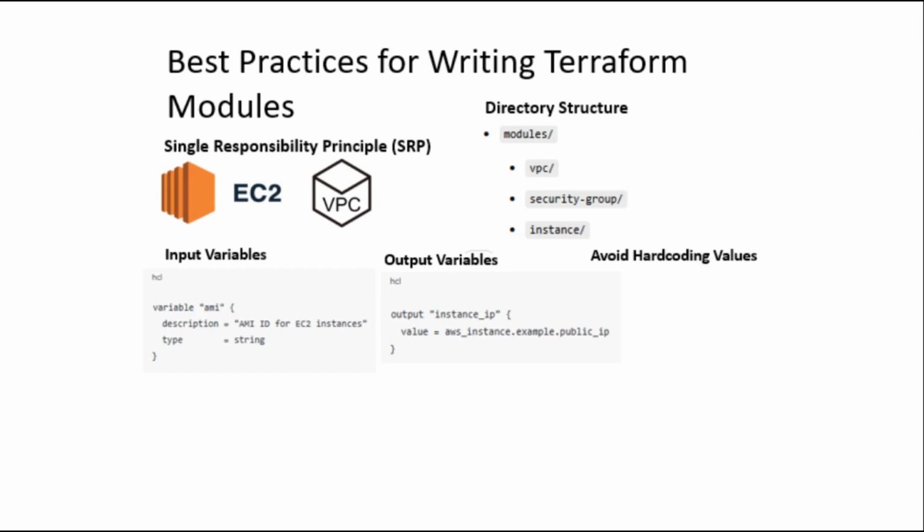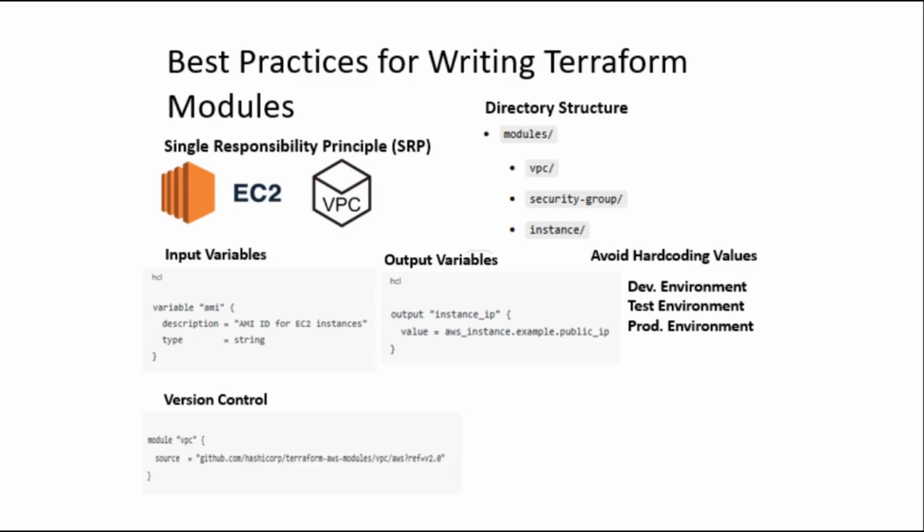Avoid hardcoding values. Don't hardcode resource values. Instead, use variables to provide flexibility, so that modules can be reused across different environments, such as development environment, test environment, and production environment.